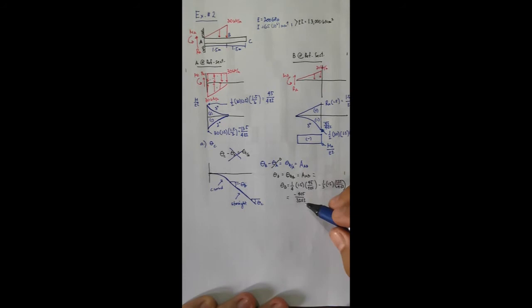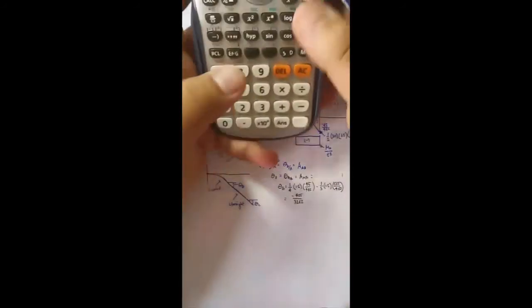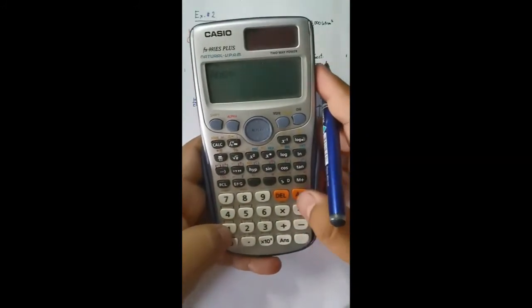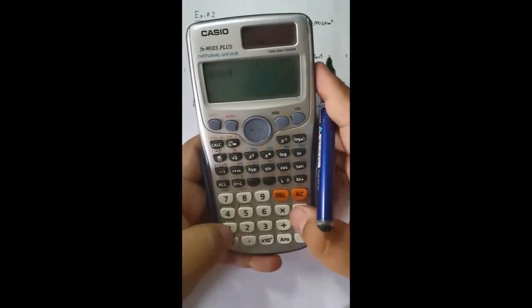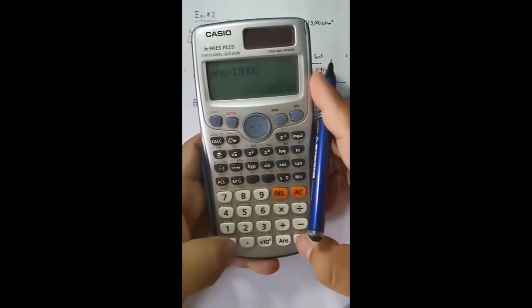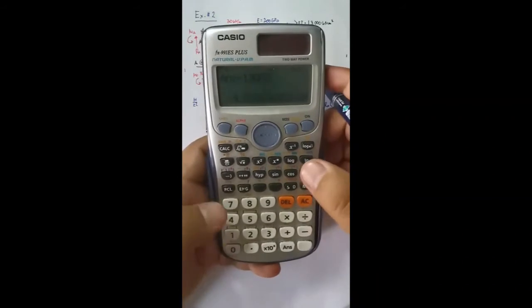So, the negative answer tells us that it is clockwise, and the value, we can now divide by EI. Sabi sa atin, EI is 13,000. So, yan po ang kinakalabasan.